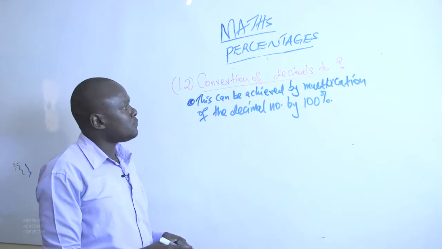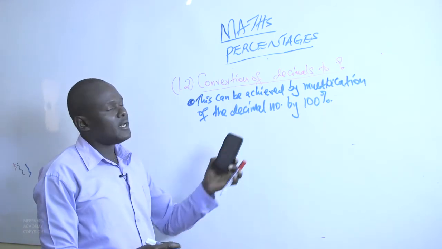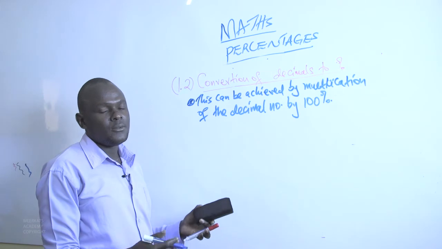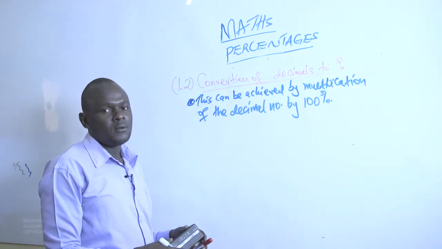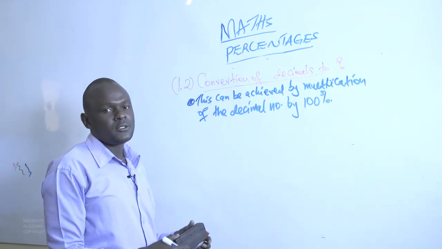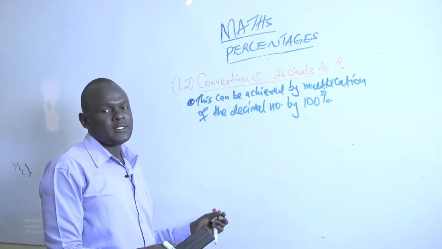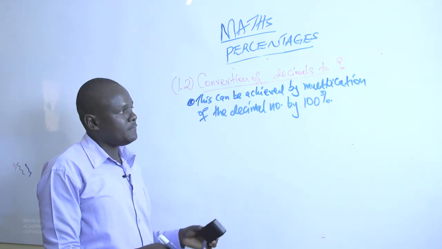This multiplication of the decimal number by 100% is the same as moving the decimal point 2 places to the right.